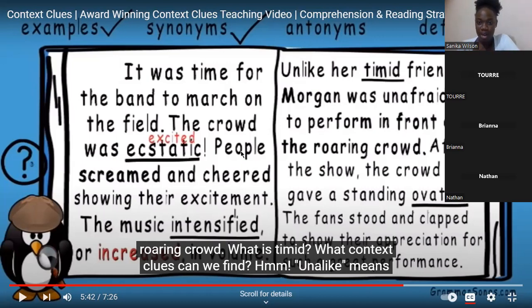I guess we're reading, right? We're reading. Finish reading.